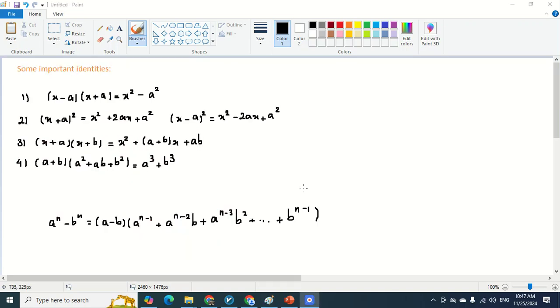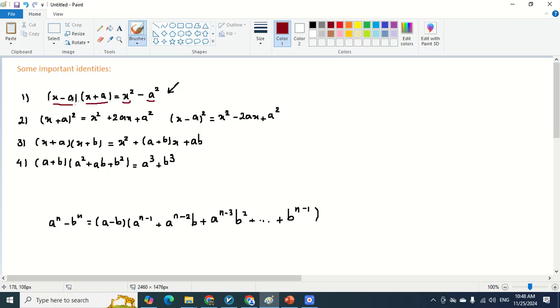So at this time, let us take a look at some important identities that are coming for the algebraic expression. The first identity that you can see over here is an identity that we call the conjugate state. It means that if you have x minus a multiplied by x plus a, then the result will be x squared minus a squared. Over here we have x and a in common in both expressions, and we have negative and positive cases.